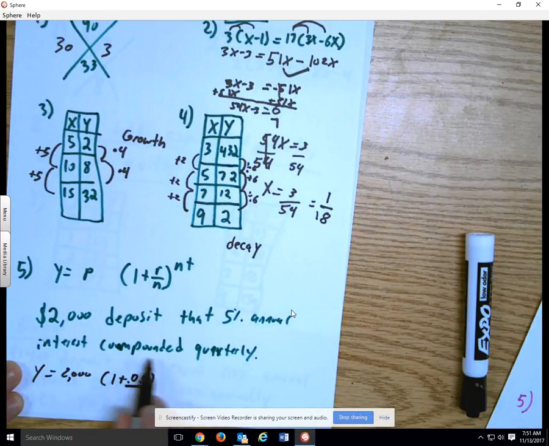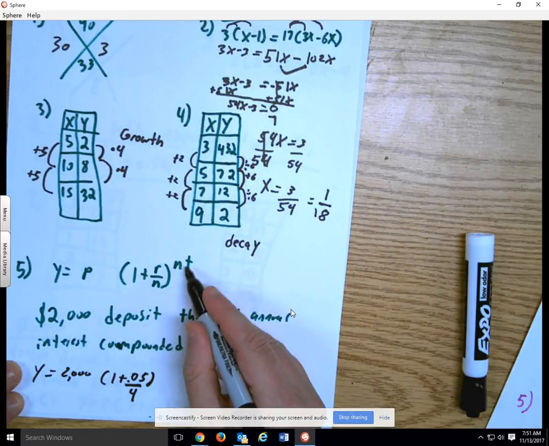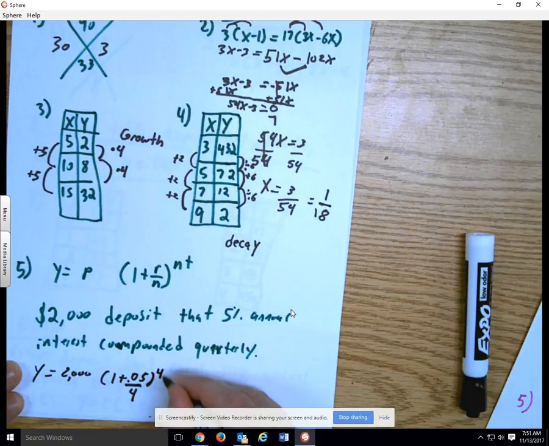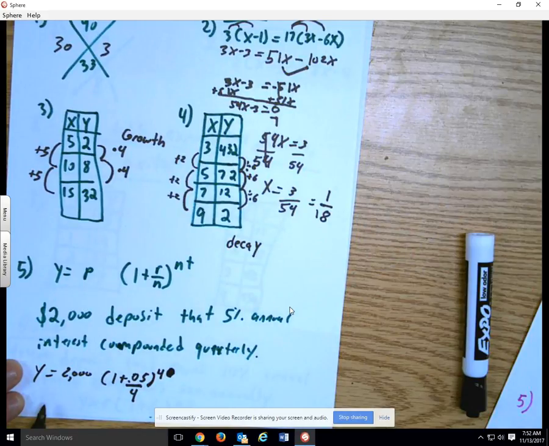If it's compounded quarterly, each quarter, that means there's 4. It's compounded 4 times a year. So the number of times the interest is compounded, you put wherever there's an n. And it was for 1 year, so I'm just going to put t being 1. t equals 1 is the same thing as 1, so we don't have to even write it.